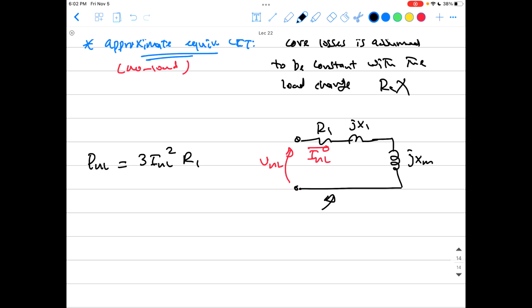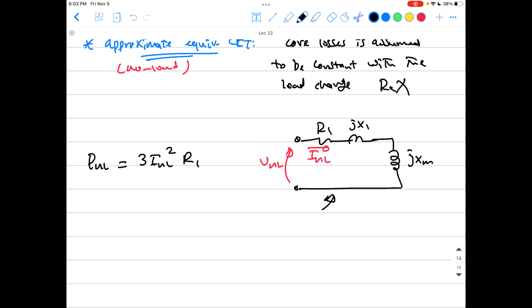But keep in mind, the power that goes to the no load of the machine is actually going to the no load losses of the machine. So from here, you're just dealing with the copper losses in R1, which is just 3 I squared R1. But there are two other power losses that are not represented in the machine now and still exist. Remember the power flow diagram of the machine?